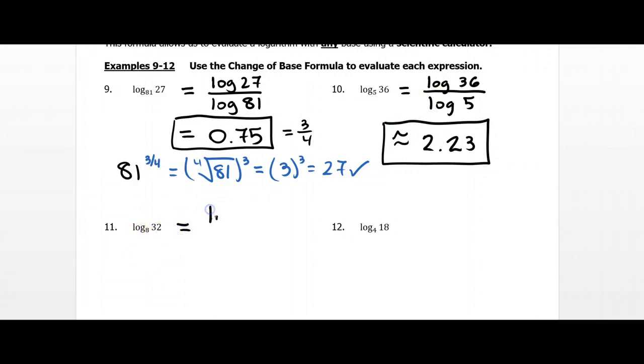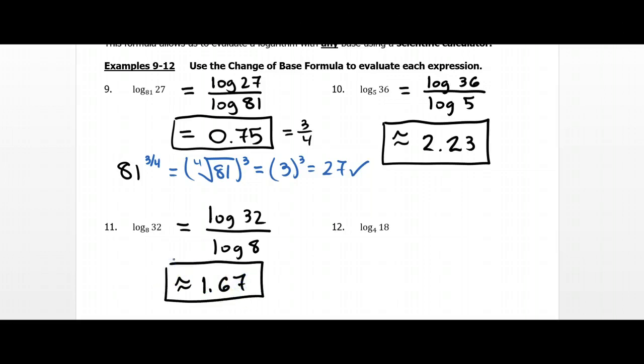We're going to do log base 10 of 32 divided by log base 10 of 8. That would come out to be approximately 1.67 on a calculator. And then finally, number 12, log base 4 of 18 would be log base 10 of 18 divided by log base 10 of 4, and that would come out to be approximately 2.08.